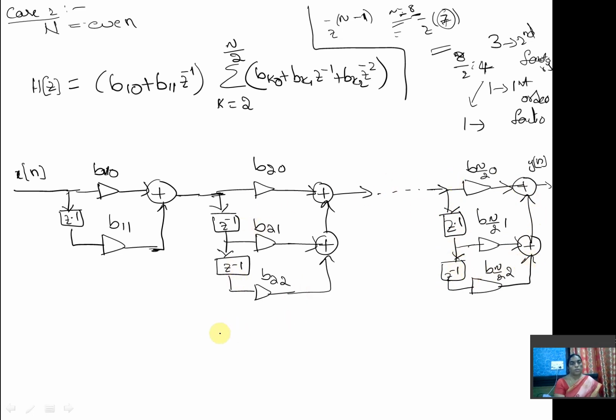Okay, right? So this is nothing but the cascade form realization structure for the FIR system when n is even.